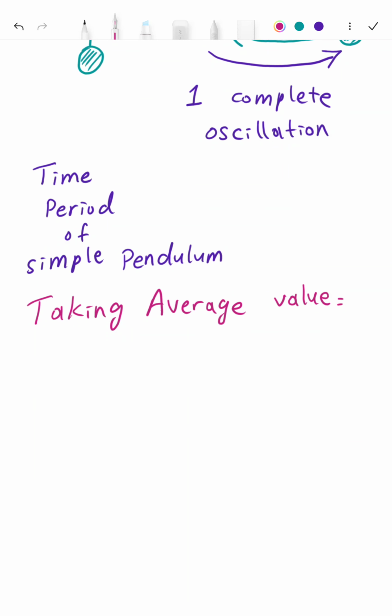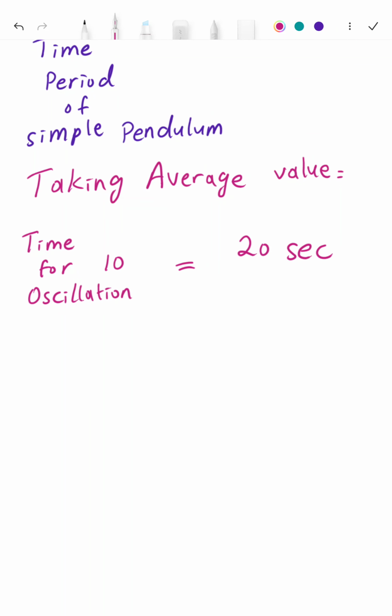So let's suppose we take the time for 10 oscillations, and the time we have measured for 10 oscillations is, let's suppose, 20 seconds. We simply divide 20 by 10 to get the time for one oscillation.